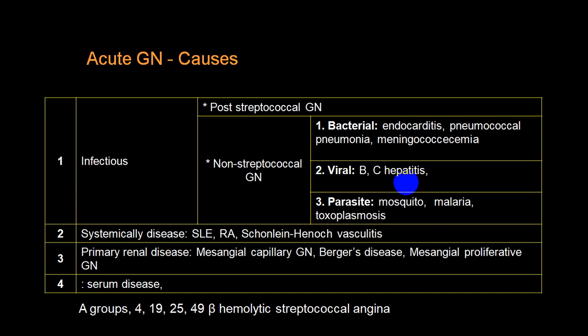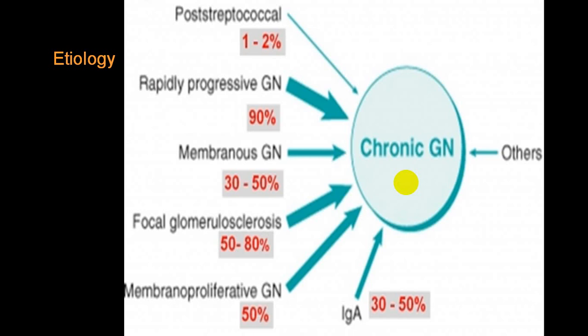In systemic disorders, we already mentioned SLE, rheumatoid arthritis, Henoch-Schonlein purpura, and in primary renal disorders, it is mesangial capillary glomerulonephritis, Buerger's disease, mesangial proliferative glomerulonephritis, and a fourth group we call serum disorders or serum disease.